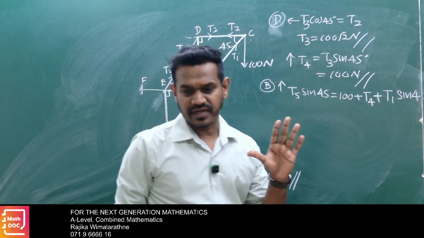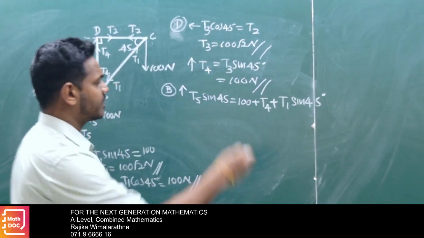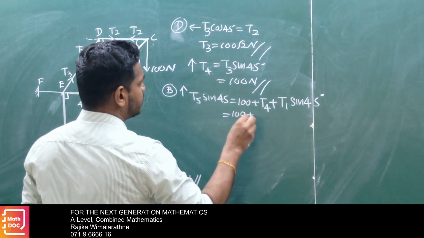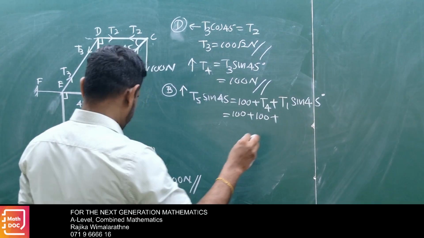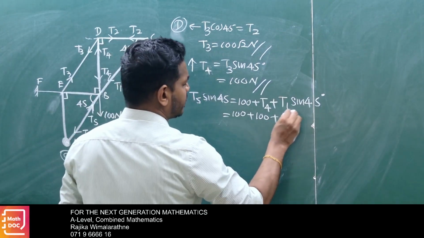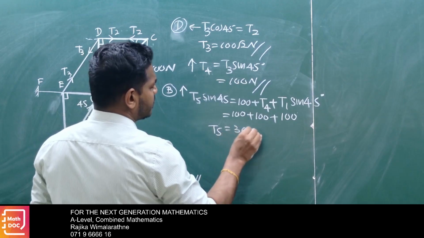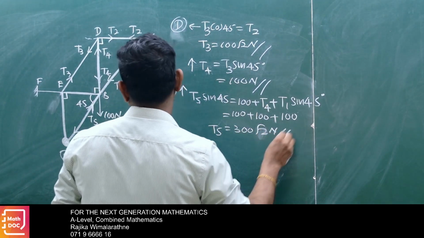Okay, then you simplify it. 100 T4, 100 T1, 100 root 2. Here 100, then T5 300 root 2.